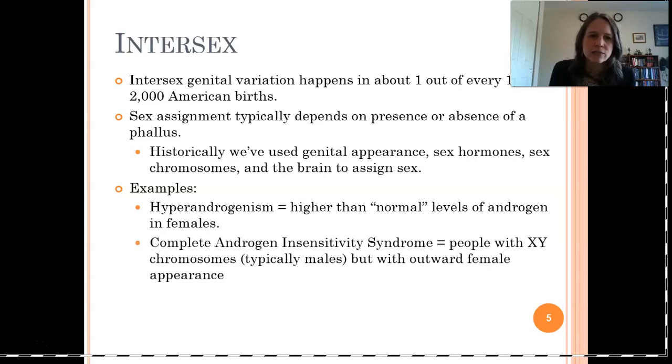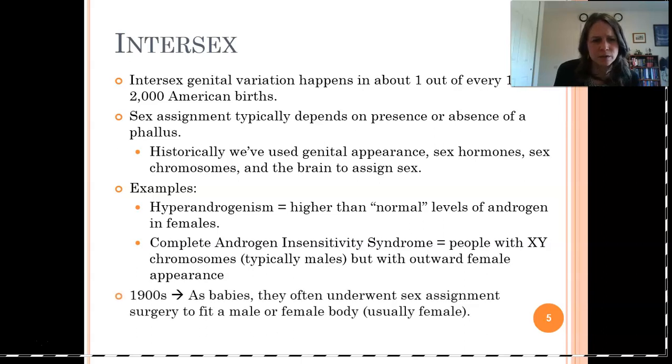Another intersex variation is called complete androgen insensitivity syndrome. This is folks who have XY chromosomes, that's typically male chromosomes, but who have outward female appearances, such as having breasts, a vagina, and minimal ability to develop secondary male sex characteristics, like having a lot of facial hair.